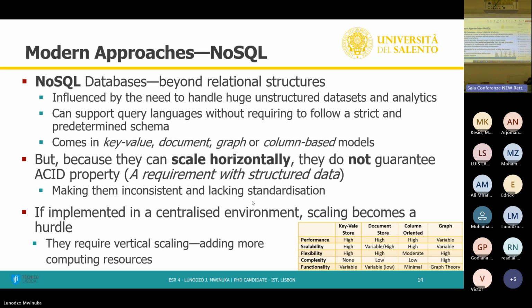So there is a structure which you need to follow, and it supports growth. You can grow the data as much as you want because it identifies the data in terms of nodes, which identify the entities, and then you have edges which map the relationships between the nodes. So there are several options around NoSQL databases.